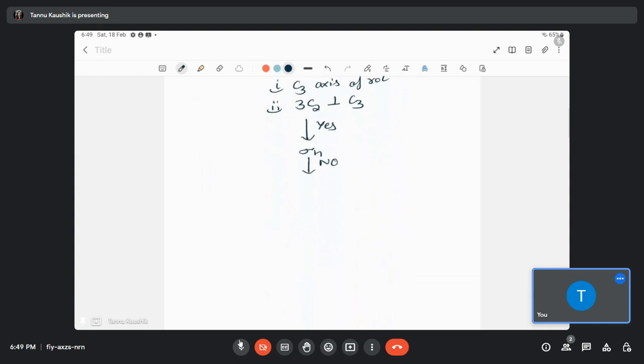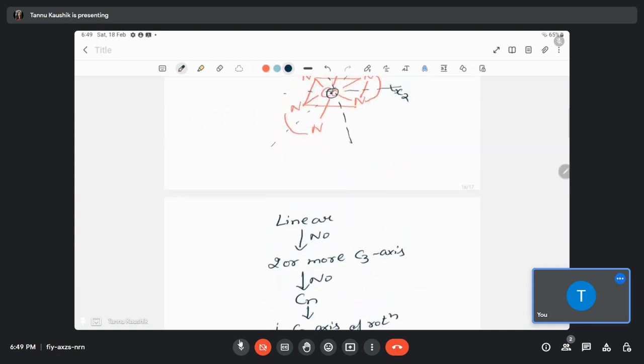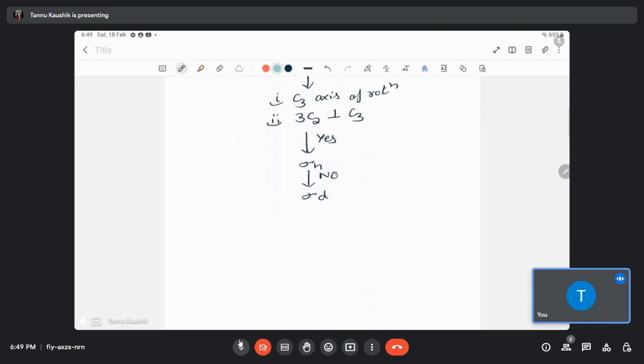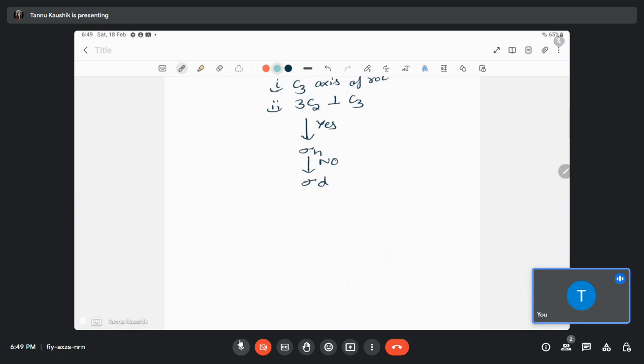So we don't have sigma h. But do we have a dihedral plane? So if you see here, we have this plane, sigma d. This is the sigma d plane present in the molecule. So we have a dihedral plane.